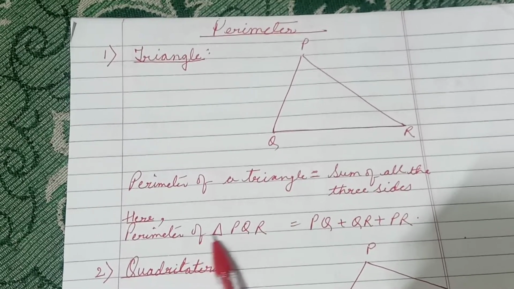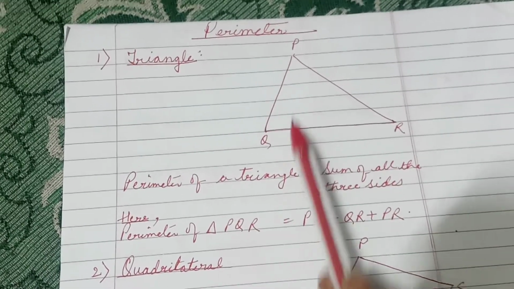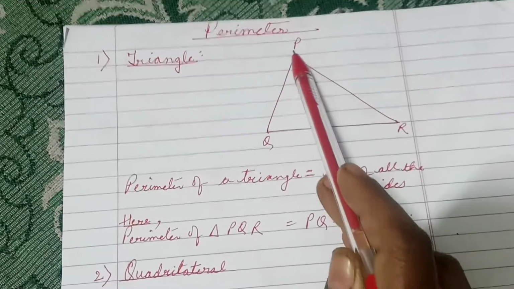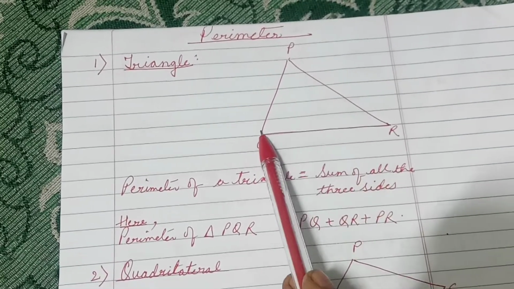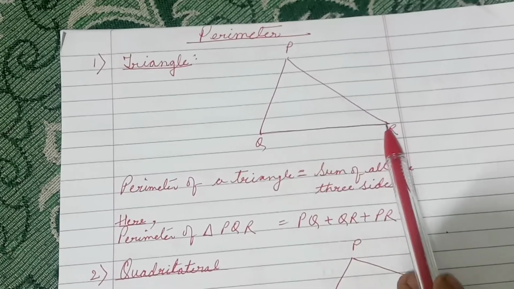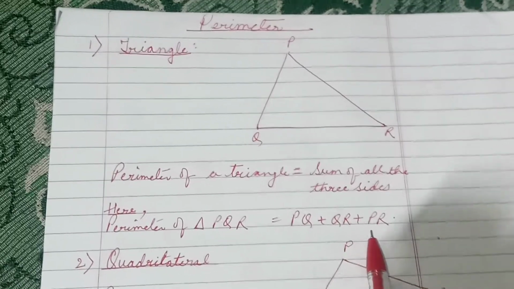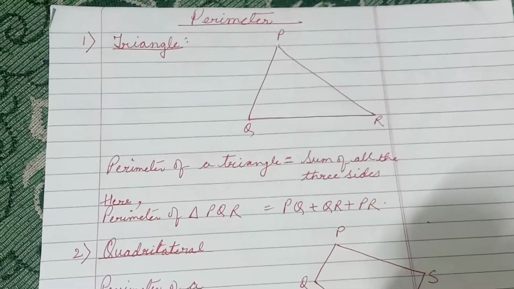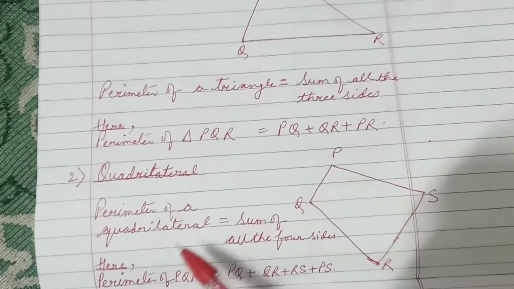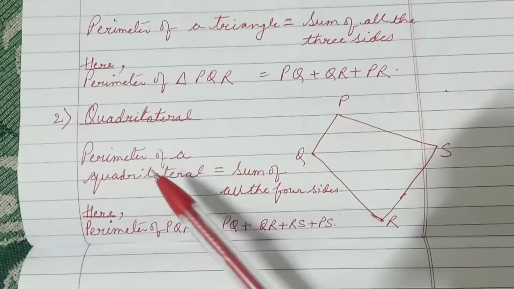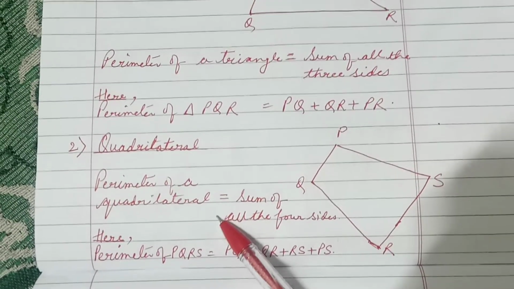So here the perimeter of triangle PQR will be the sum of these three sides, that is PQ plus QR plus PR. Understood?